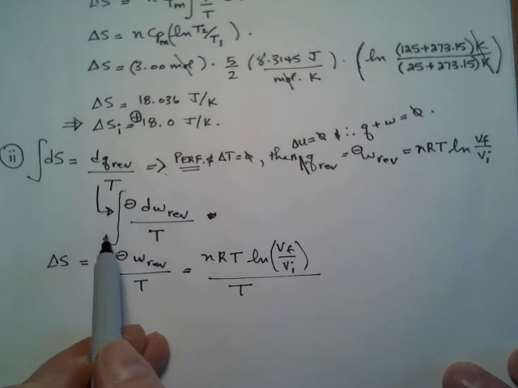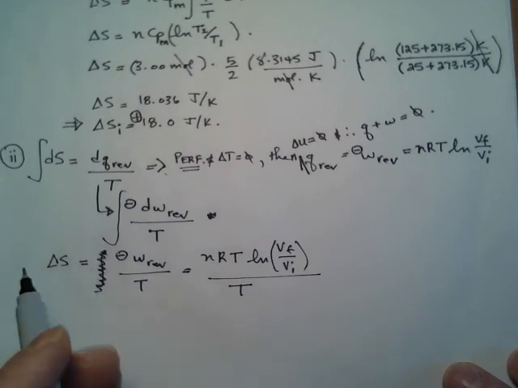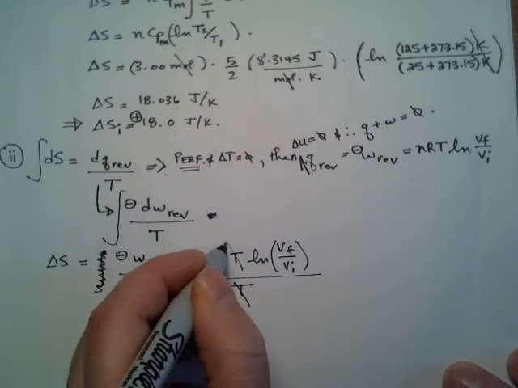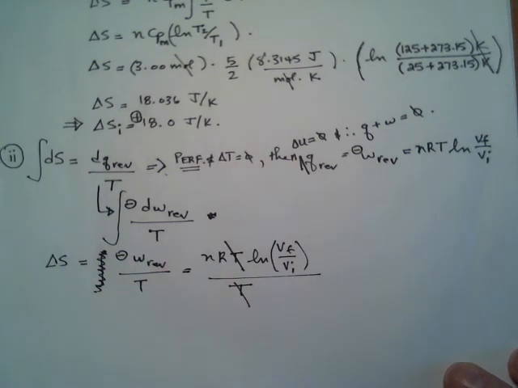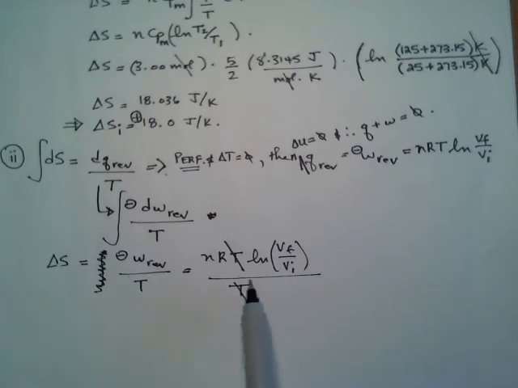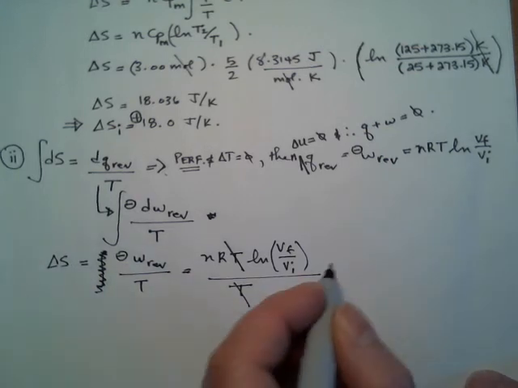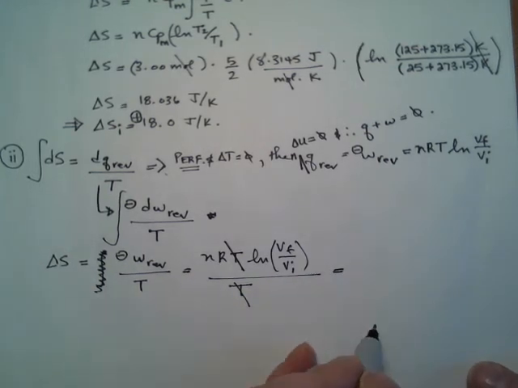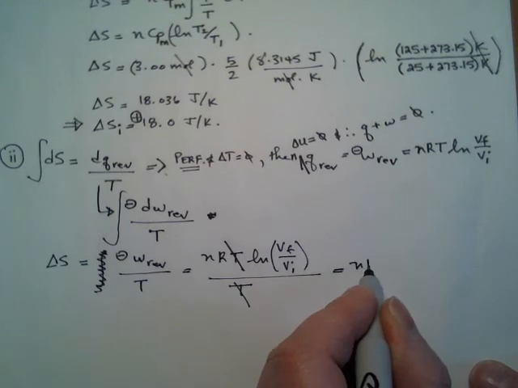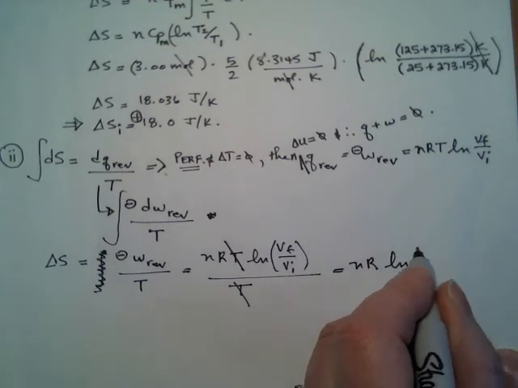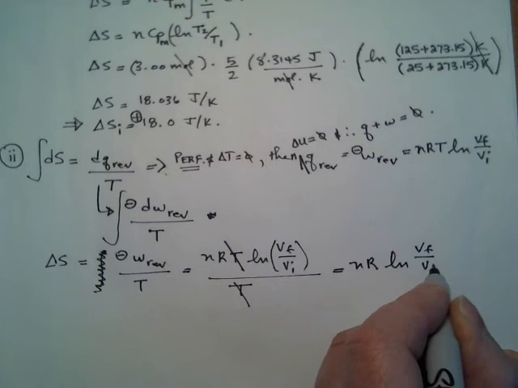Yeah, the T came out of the integral sign because this is isothermal. So now that goes away, and that's really interesting because when you think about this, this is an isothermal compression. And so for an isothermal compression or expansion, clearly the change in entropy is actually independent of temperature, which is kind of weird. So I get now nR ln V final over V initial.